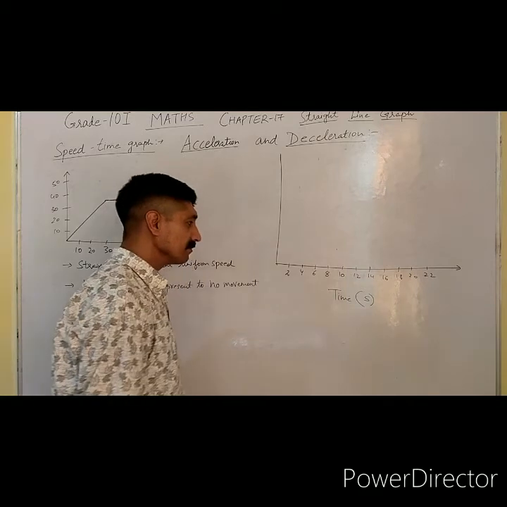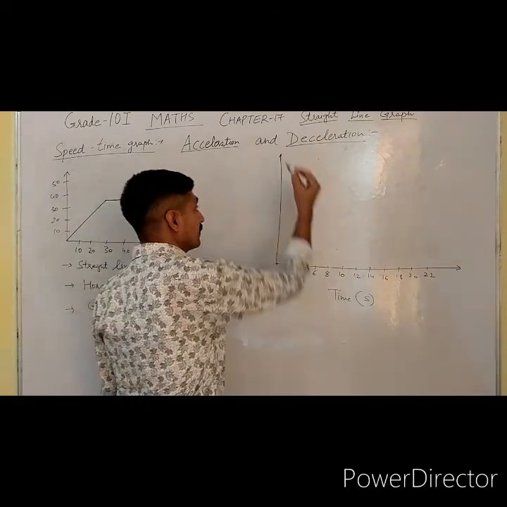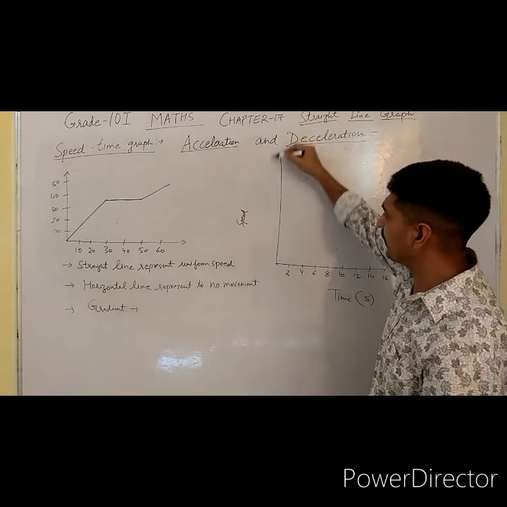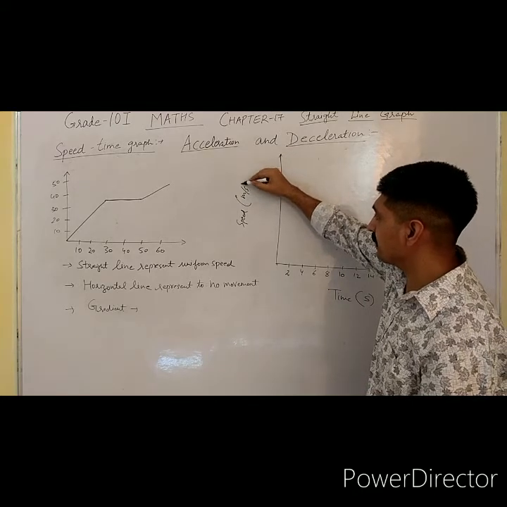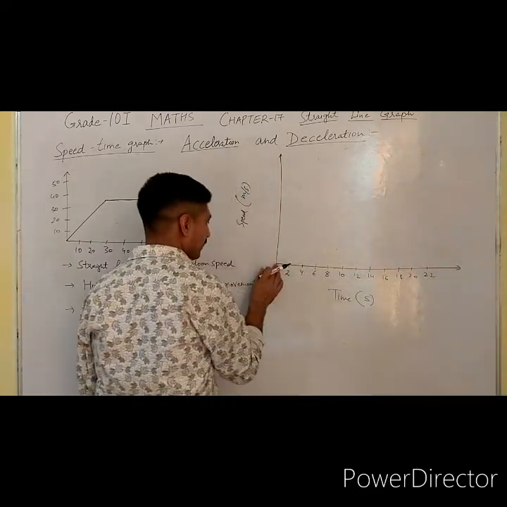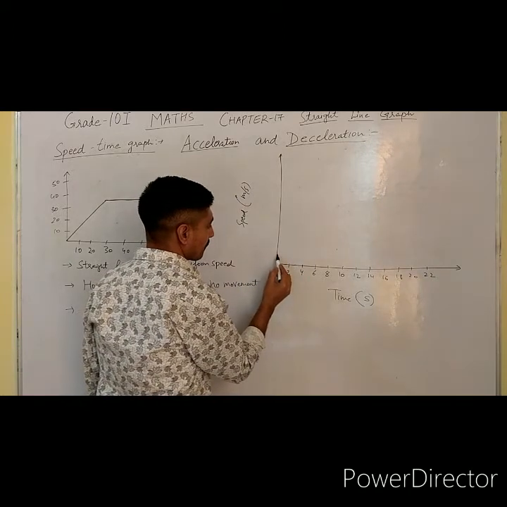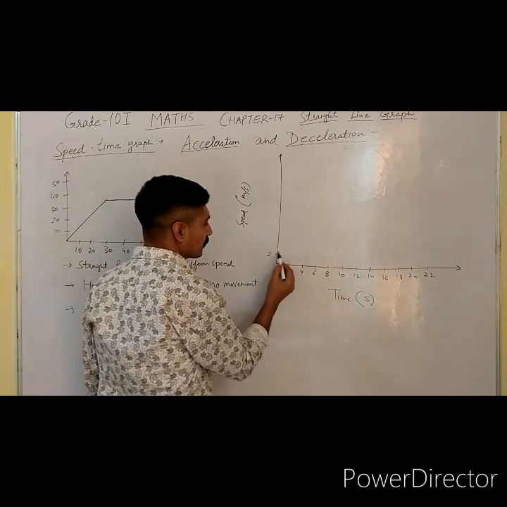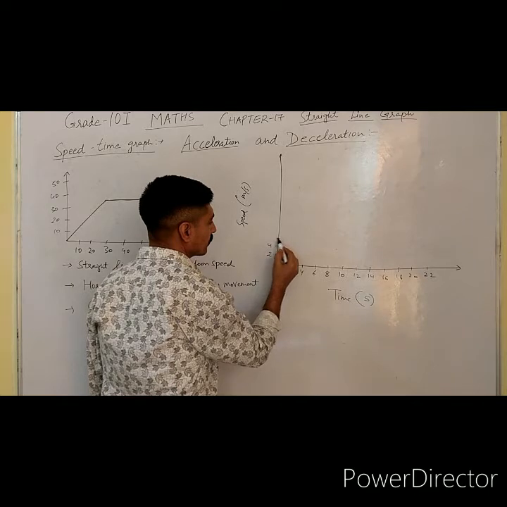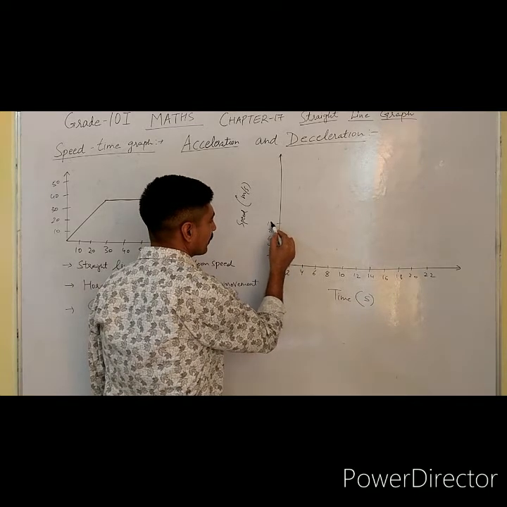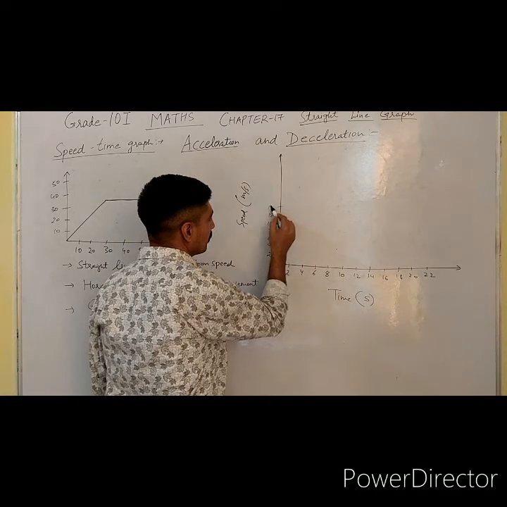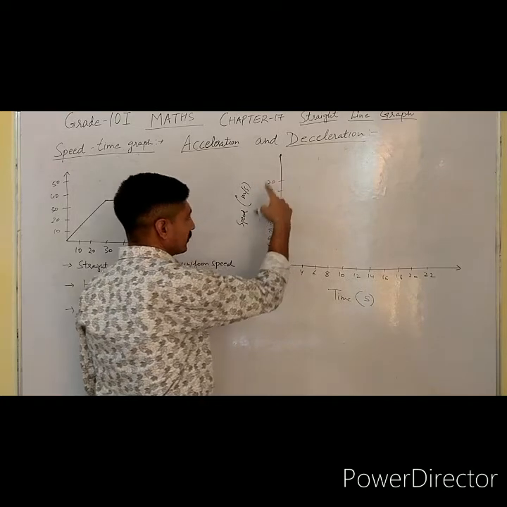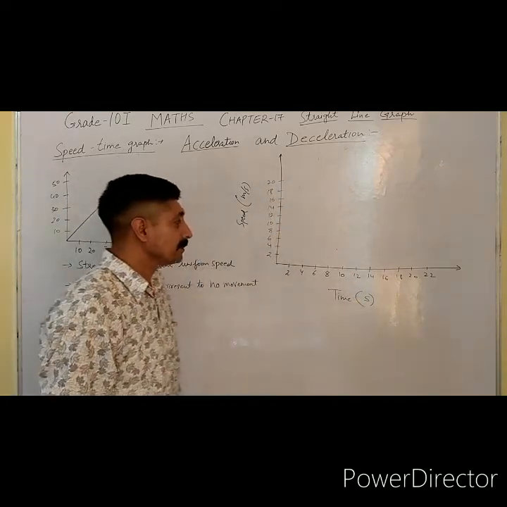And the speed along the y-axis is in meters per second: 2, 4, 12, and so on. This is the speed and this is the time.